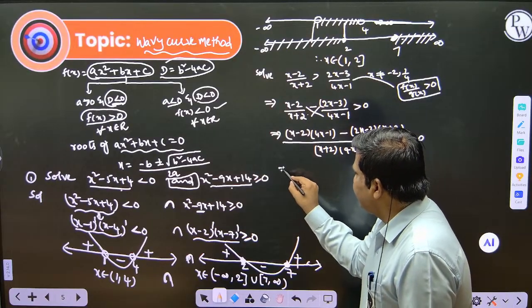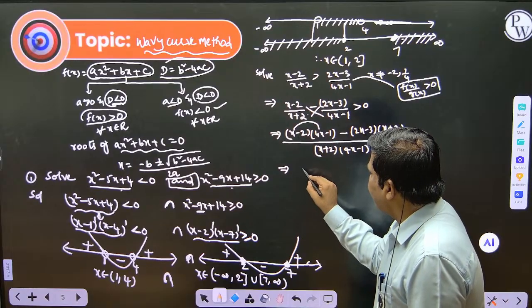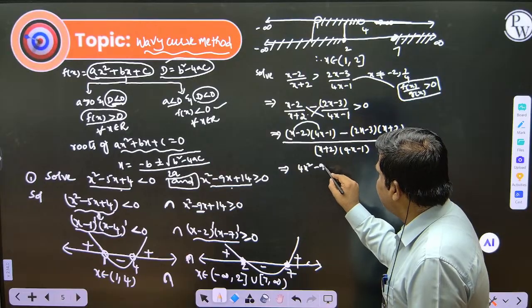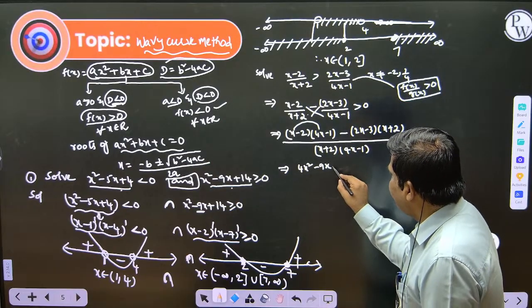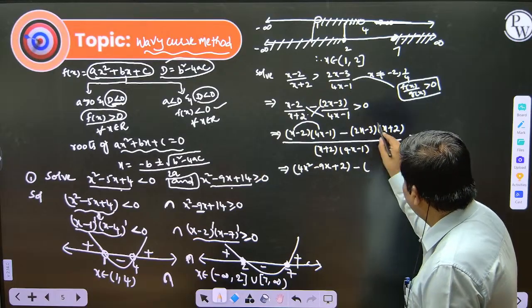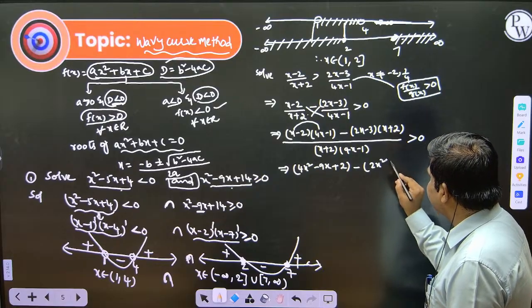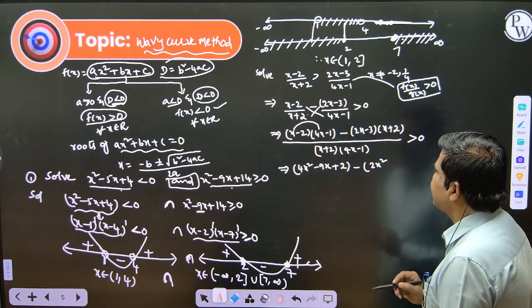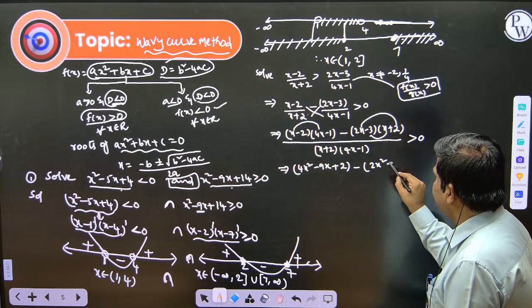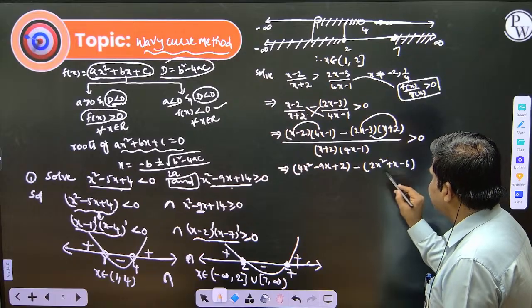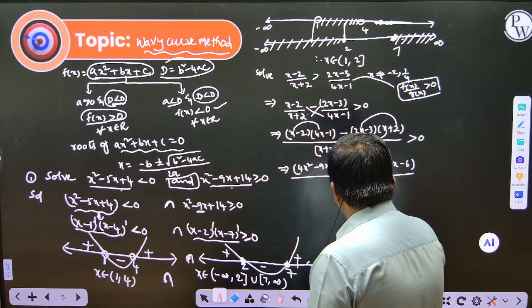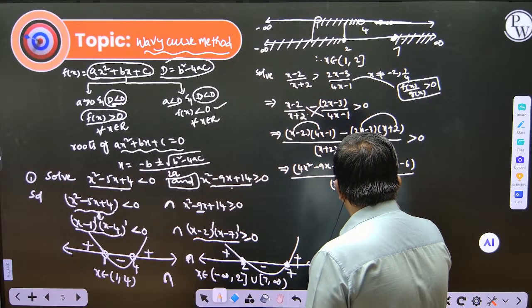Next, multiply this one. This is 4x square minus x minus 8x plus 2, minus 2x into x, 2x square plus 4x minus 3x, 2x into 2, 4x minus 3x is plus x minus 6, divided by (x plus 2) into (4x minus 1).